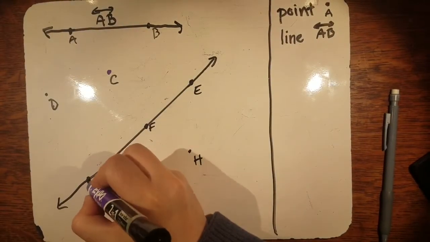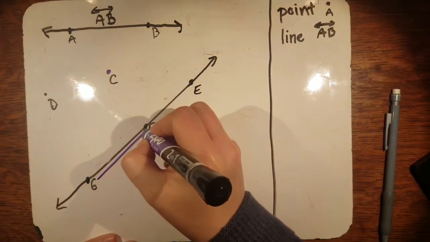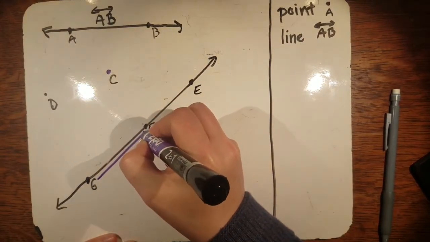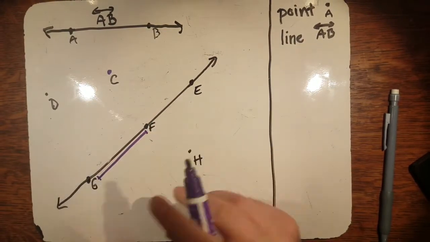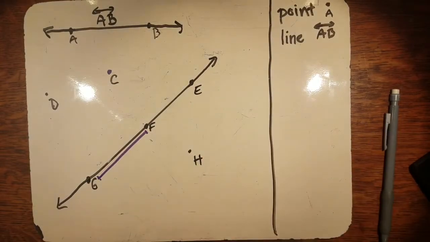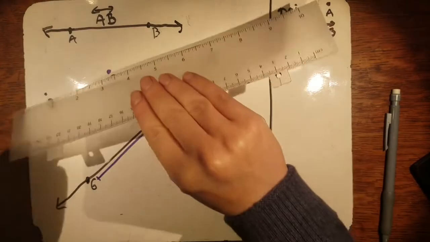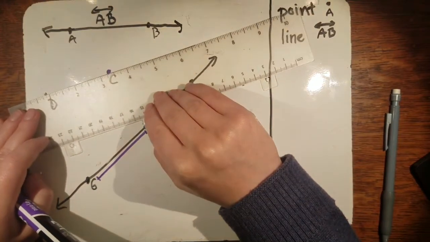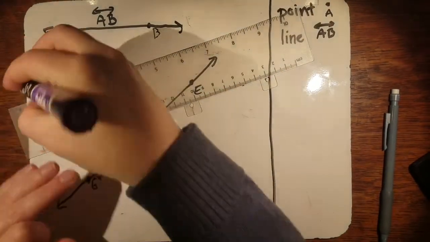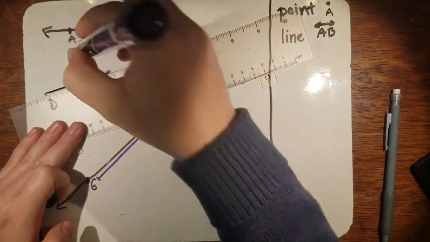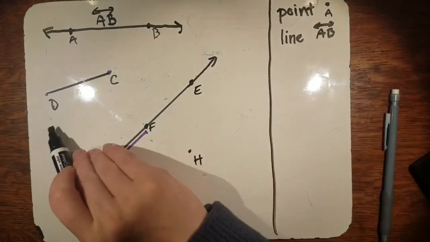So let's say we just wanted to talk about from here to here. Or we have another one going from D to C, and we're just talking about that specific part from D to C.